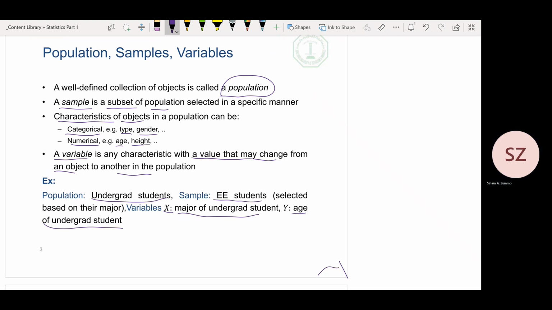Isn't this sample biased? Of course, we only take, say, students of one department, so whatever conclusions I draw will only apply to those students. This is a sample. I didn't say it was an unbiased sample.